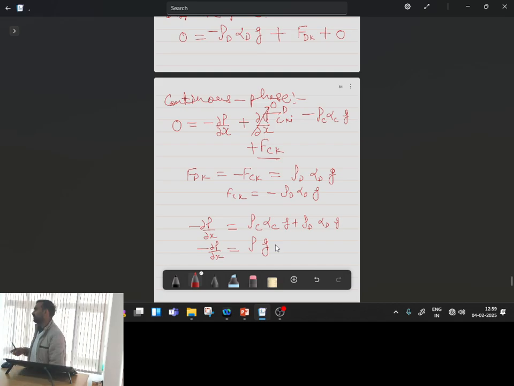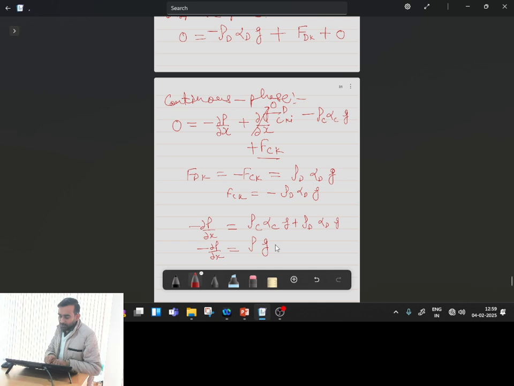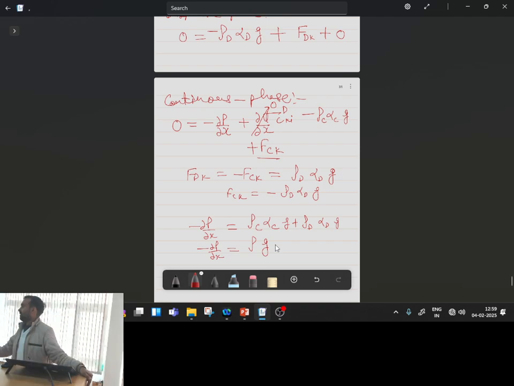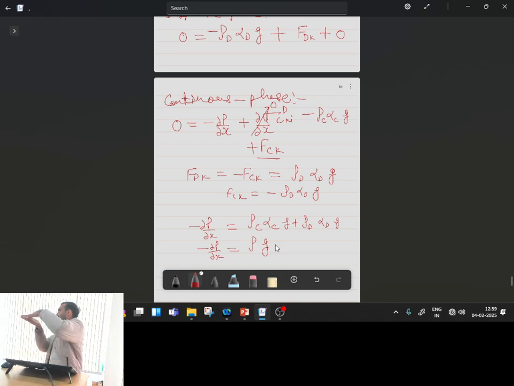What does it mean? Whatever the weight of the mixture is, that weight is balanced by the corresponding hydrostatic pressure gradient in the X direction. So the weight of the fluid mixture is simply balanced by the hydrostatic pressure gradient present in the system. Is this point clear?